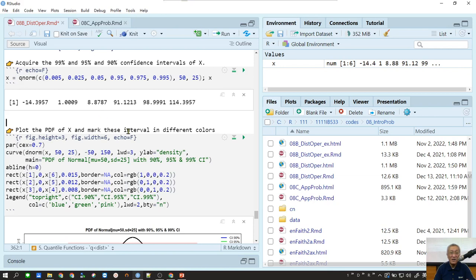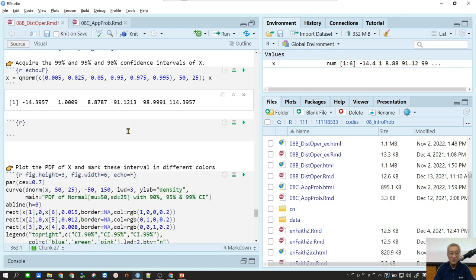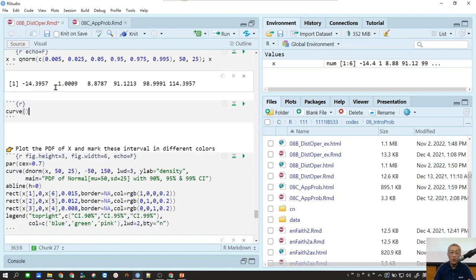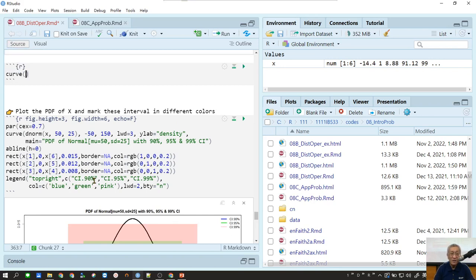So what we want to do, because you want to draw a curve, right? You need to draw this curve first, isn't it? So to draw the curve, we use the normal, right? Because it's PDF.